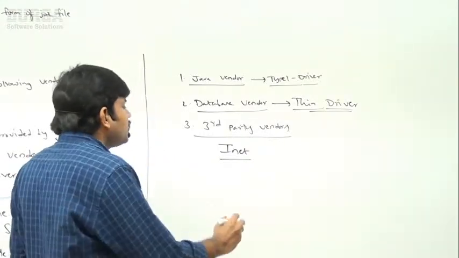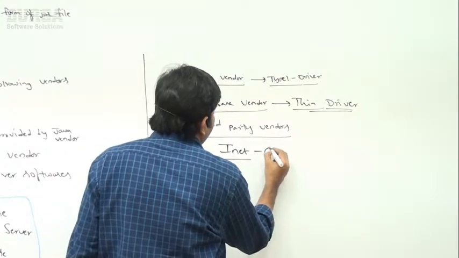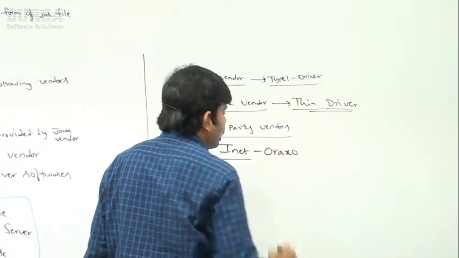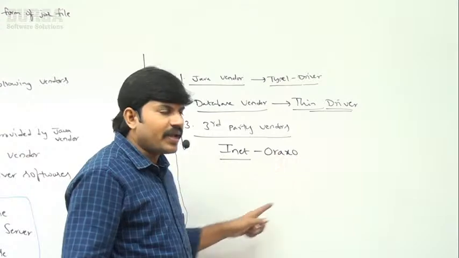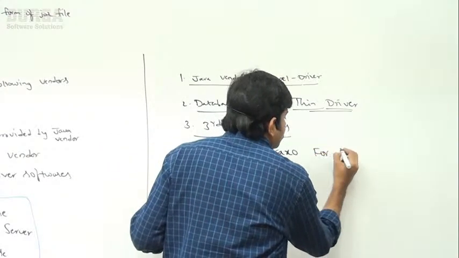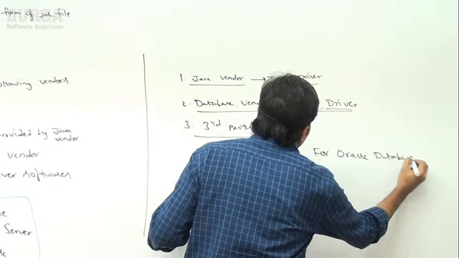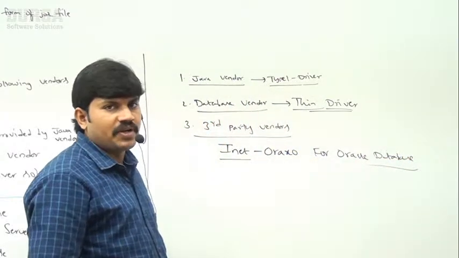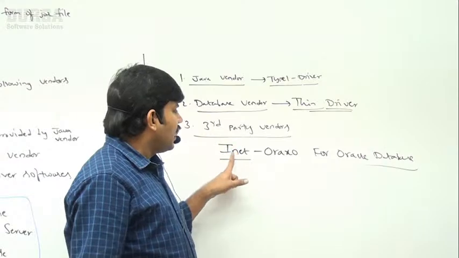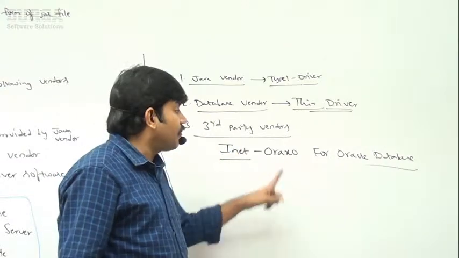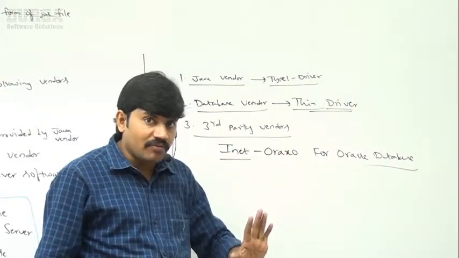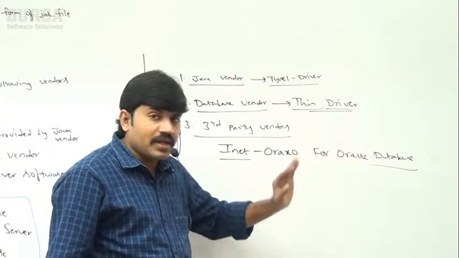Third party software company providing several driver softwares for various databases, right? Remember this one. Sir, best example, iNet Oraxo. What is this one, sir? iNet Oraxo for Oracle database. If you want to communicate with Oracle database from a Java application, I will ask the iNet software company, then they will provide iNet Oraxo driver software for Oracle database.